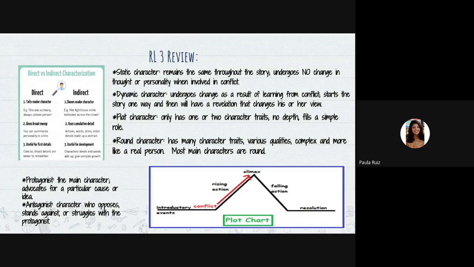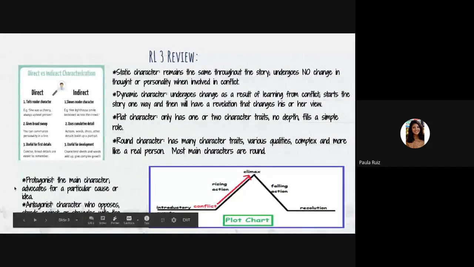Compared to indirect characterization, which shows the reader about the character. For example, her lighthouse smile beckoned across the crowd. So it doesn't directly tell us that she's a cheery person, but based on her lighthouse smile, we can tell that this is a cheery person. Also, the protagonist and antagonist.